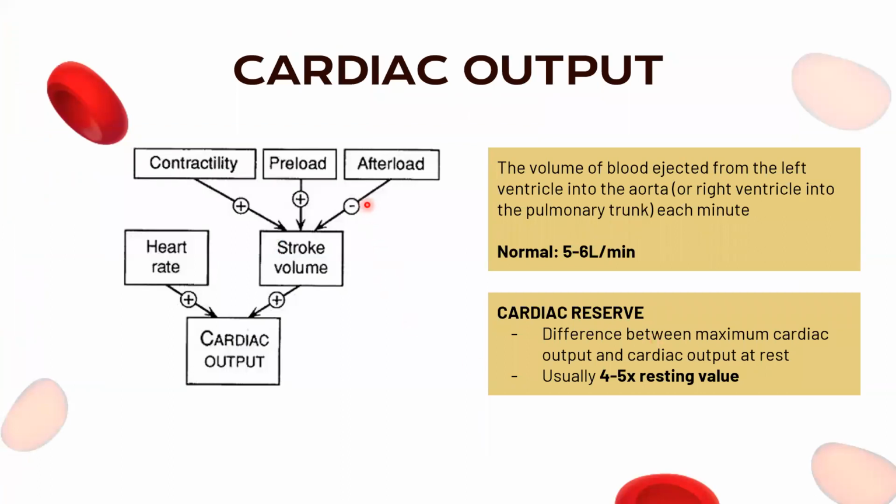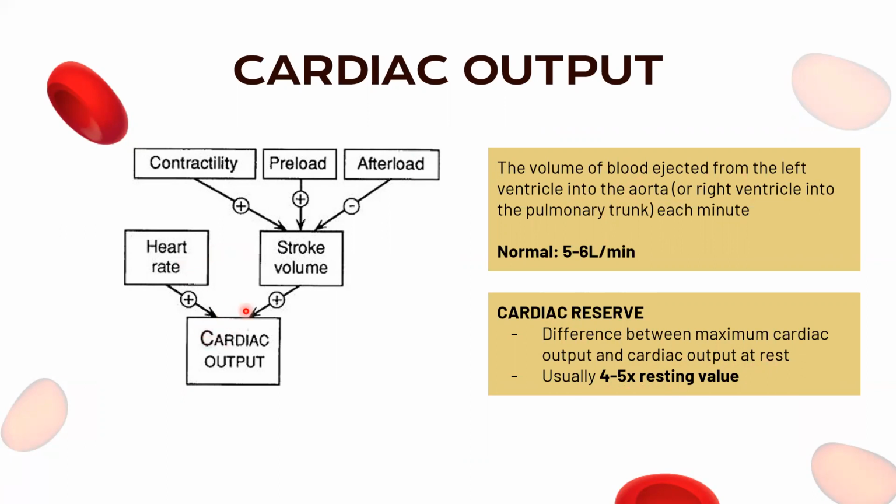Your cardiac output is influenced by different factors. It is the volume of blood ejected from the left ventricle into the aorta or the right ventricle into the pulmonary trunk in each minute. Cardiac reserve is the difference between the maximum cardiac output and the cardiac output at rest, usually 4 to 5 times the resting value.